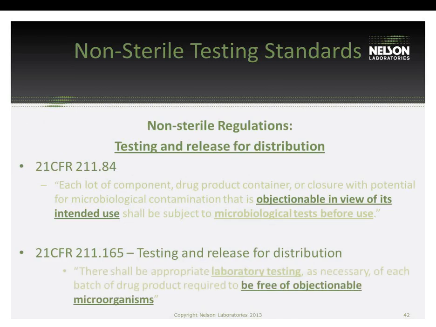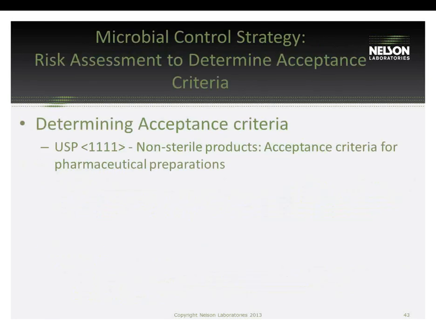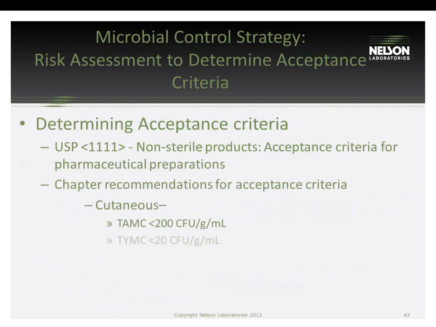So we talked about testing. Next we want to talk about the requirement to be free of objectionable organisms in the intended use. USP 1111 is a guidance chapter that covers acceptance criteria for non-sterile products, and it's based on route of administration.